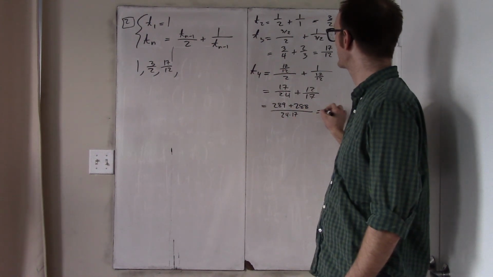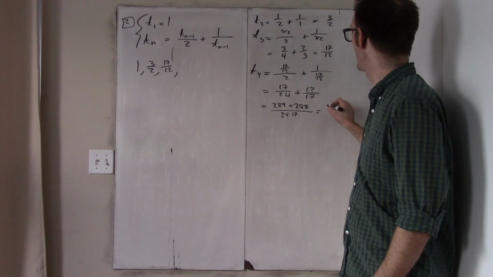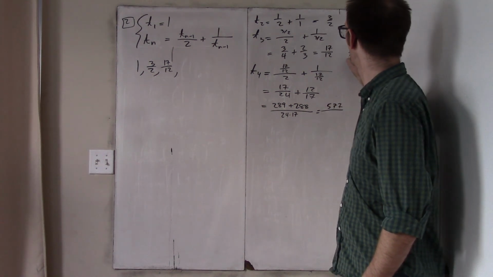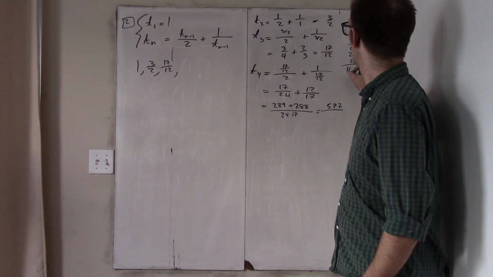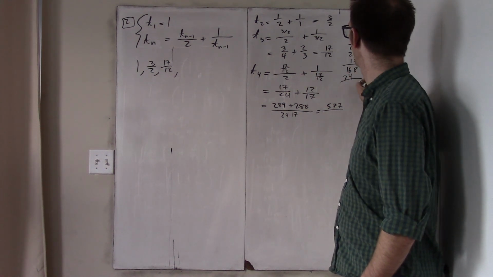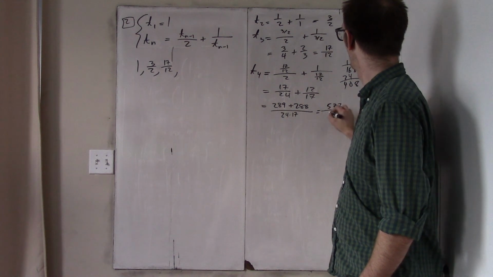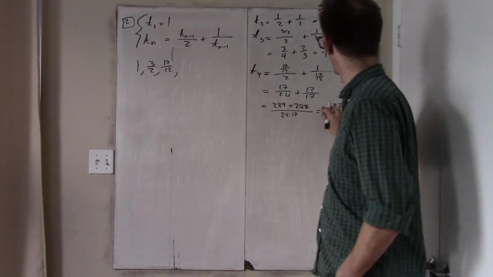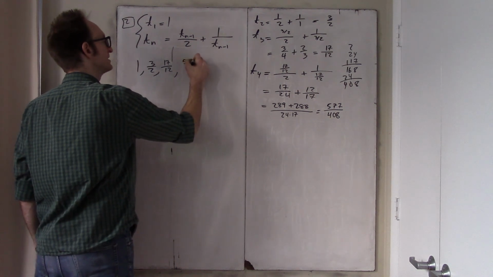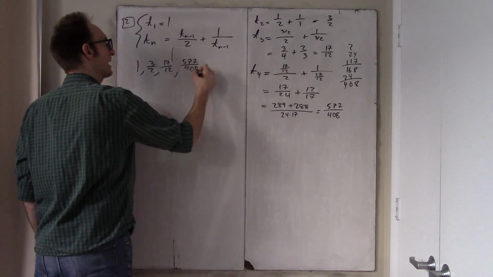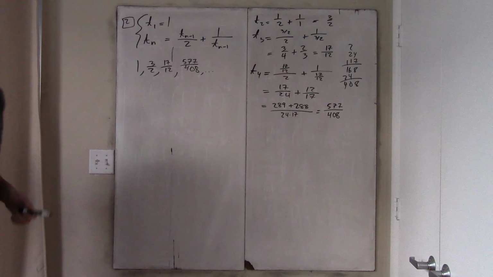Okay, this is just a waste of time. This is 577 over... so I see why this is a calculator problem now. So 577 over 408. But first of all, I'm not even confident that I did that right, and I'm definitely not going to do any more of those.